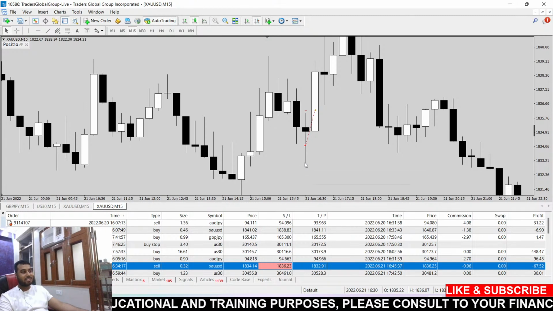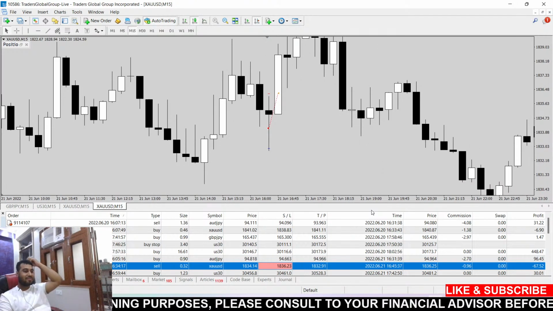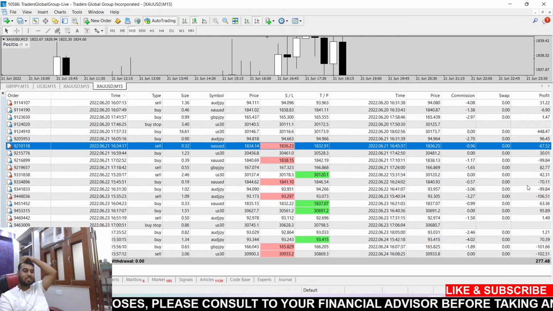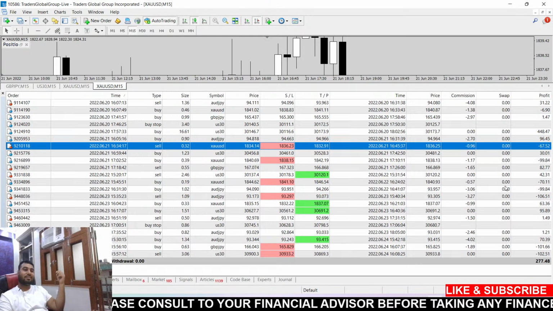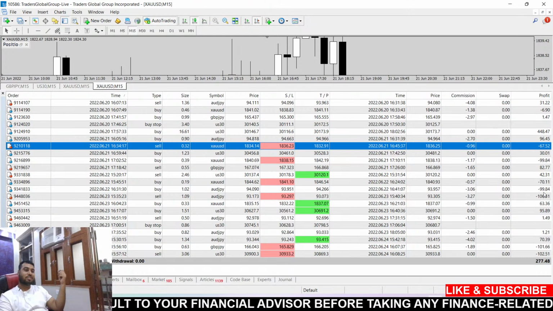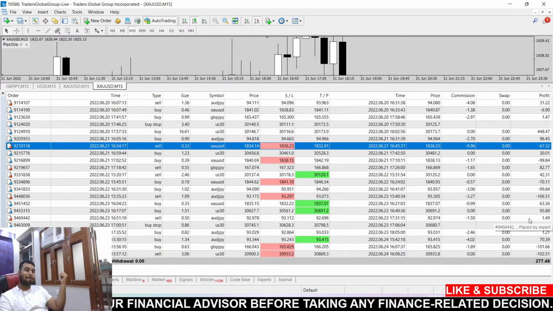Then from here it just went up and took my stop loss. So this week's four losses were like this, where just by spread it did not hit my take profit. Four losses: one, two, three, four.